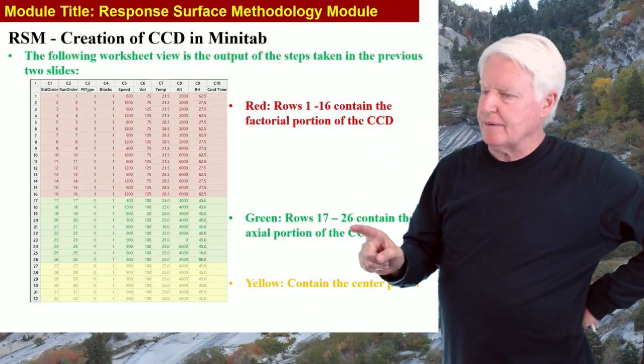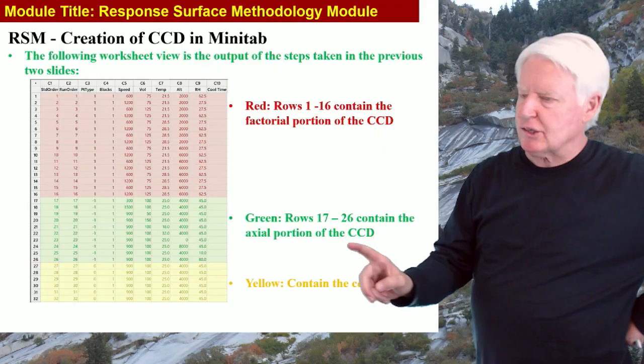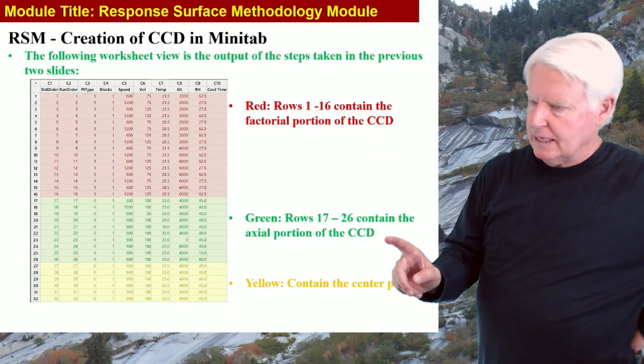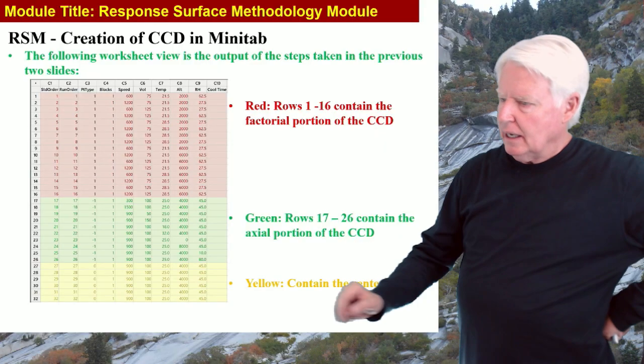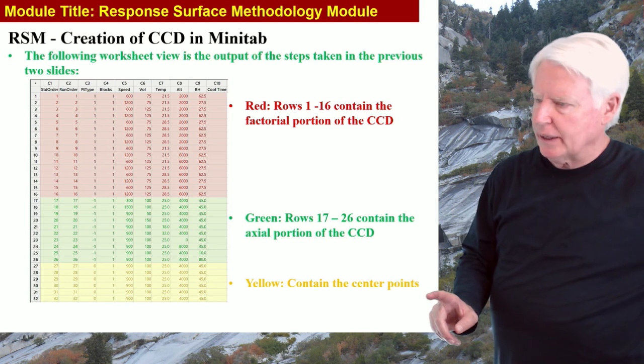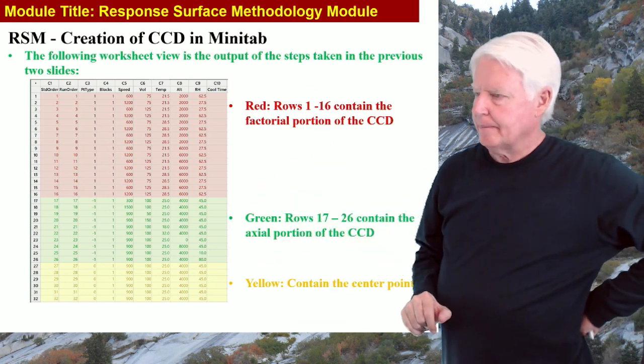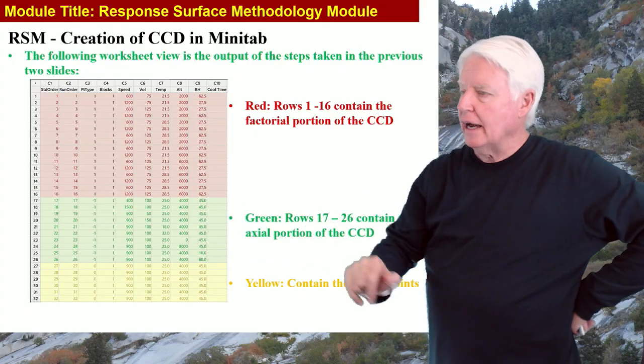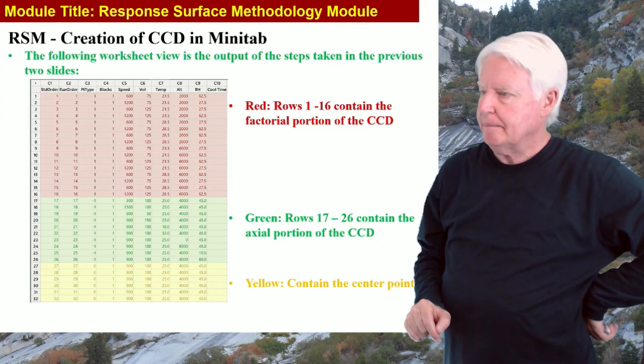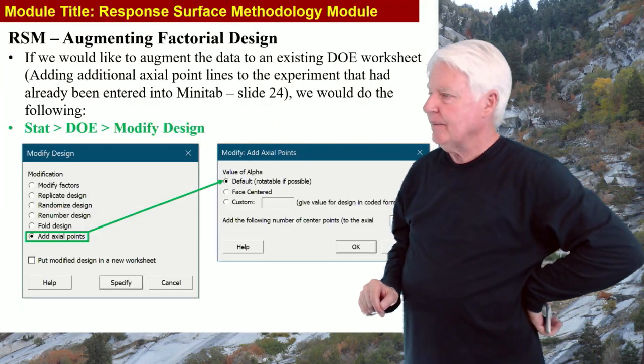Green rows, 17 through 26, contain the axial portion of the Central Composite Design, and the yellow contain the center points. So it gives us all 3 of those. You can look over this if you'd like and make sure it makes sense to you. That's why I put it there.